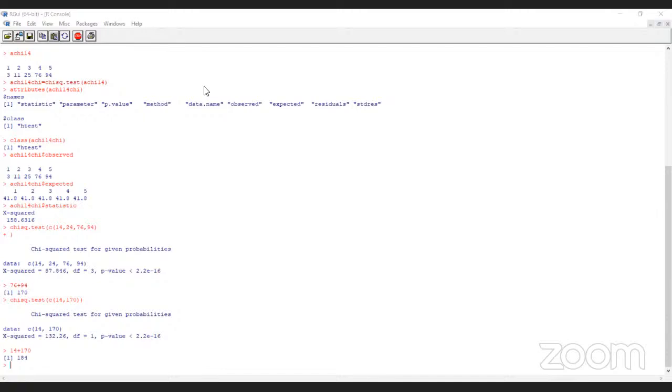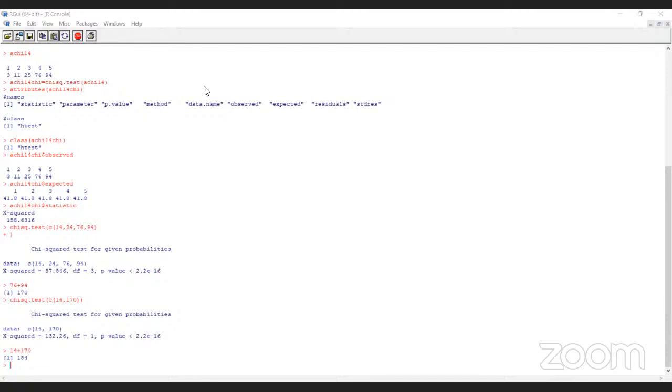So two things are important. One must be that the observed frequency cell should not be blank. Number 1.